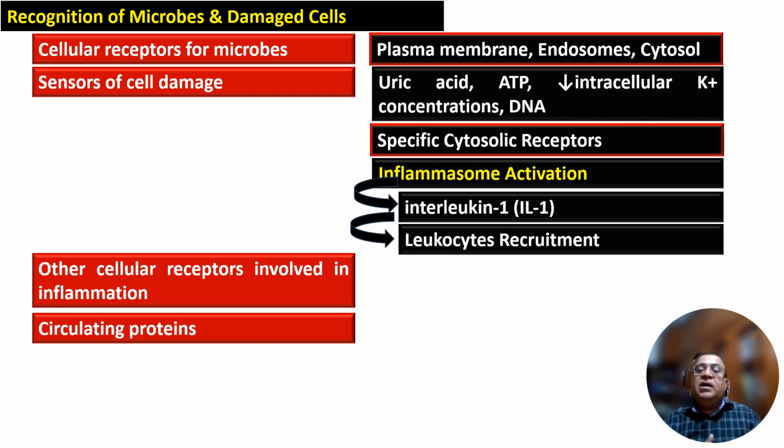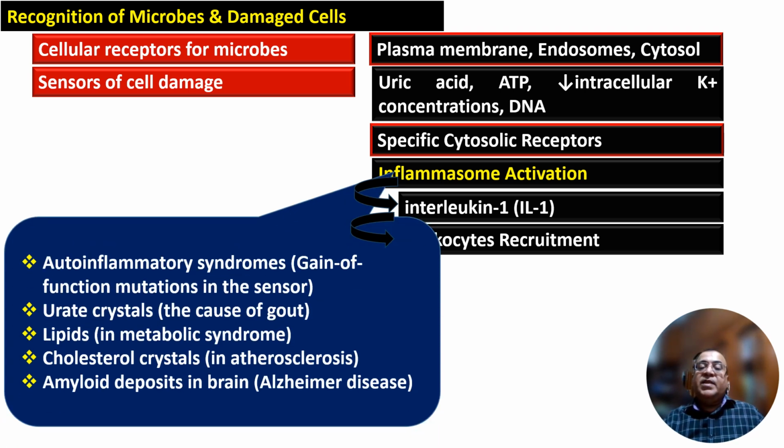Then there are sensors of cellular damage: uric acid, ATP, decreased intracellular potassium concentration and DNA can be sensed by specific cytosolic receptors. After this, there is activation of a multi-protein complex, the inflammasome, which then produces interleukin 1, and this interleukin 1 is responsible for further recruitment of leukocytes to this area.